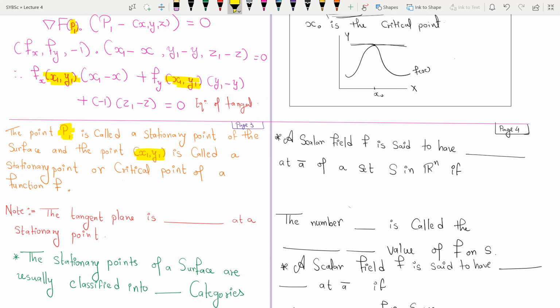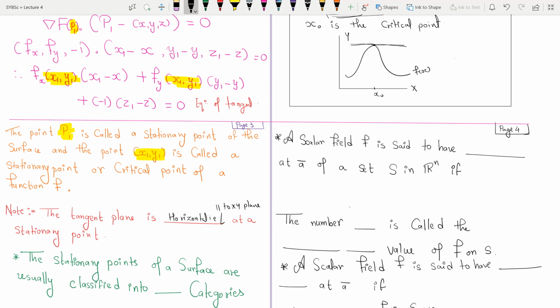Okay, so there is one more note that we should make. We actually made it earlier, but let me note it down. The note is that the tangent plane is horizontal, that means it is parallel to the xy plane at the stationary point.